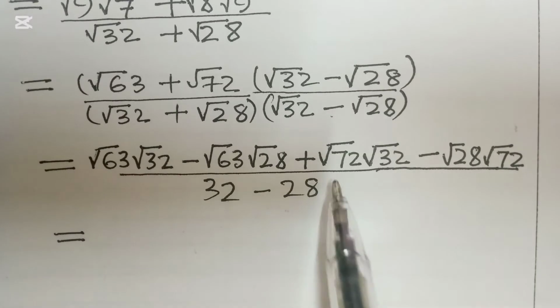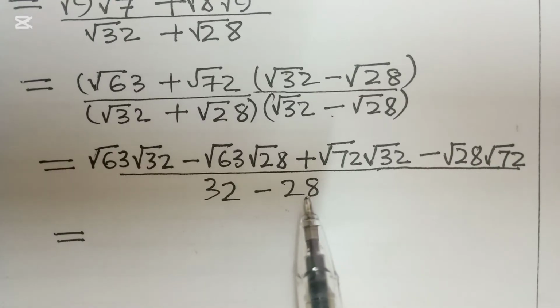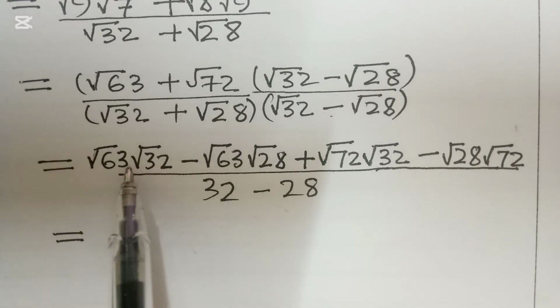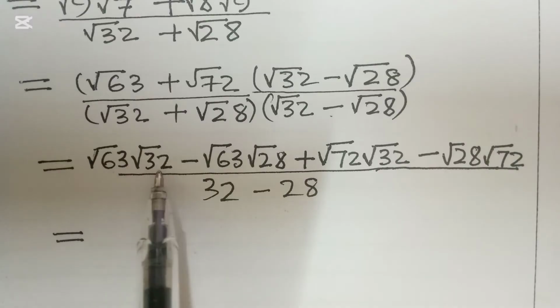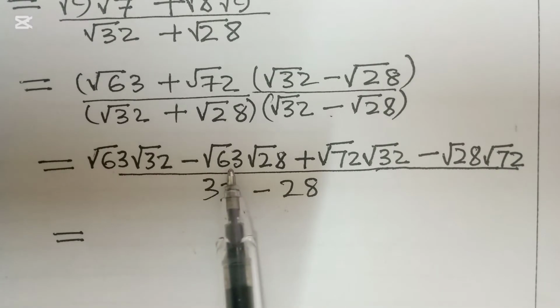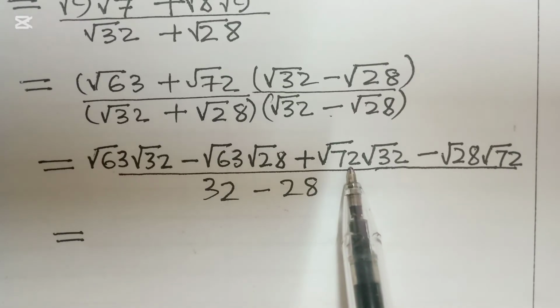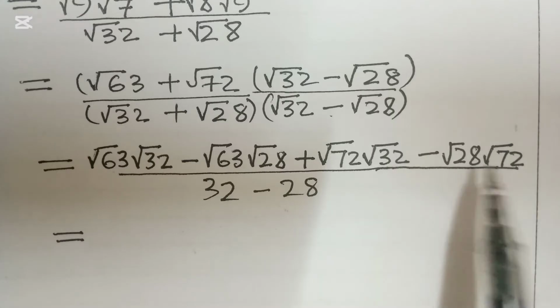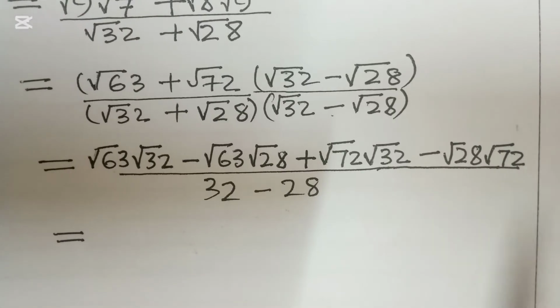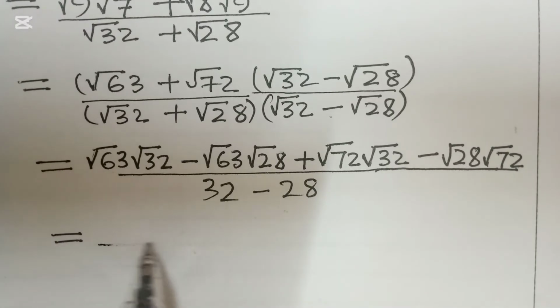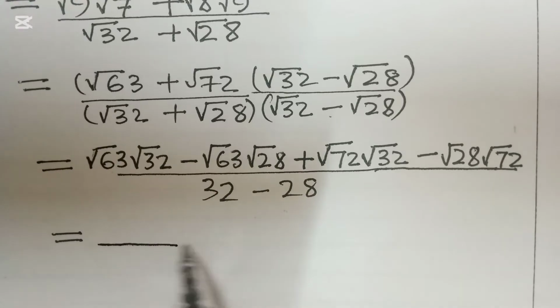Let's look at what is similar. Here we have square root of 63 and 32. Here we have square root of 63 and 28. This is 72 and 32. And here is 28 and 72. So what we can do is begin to separate those values.